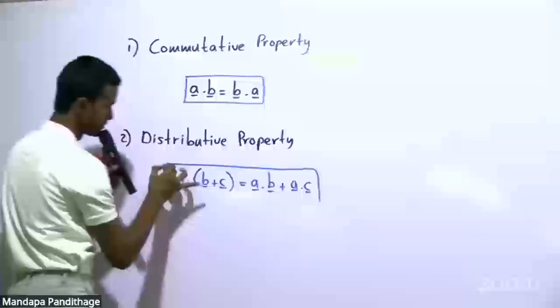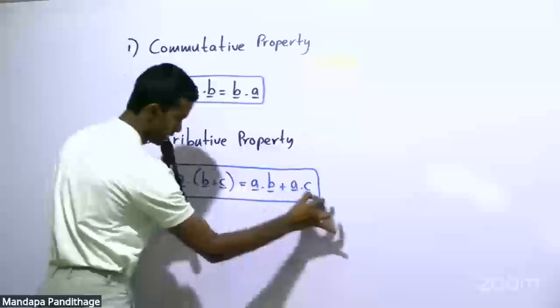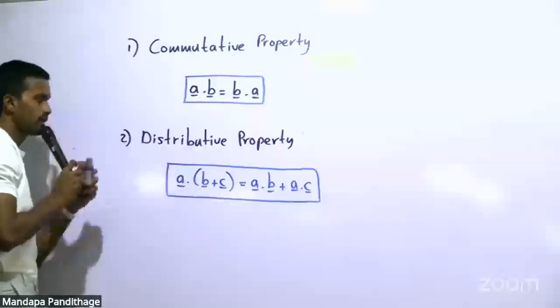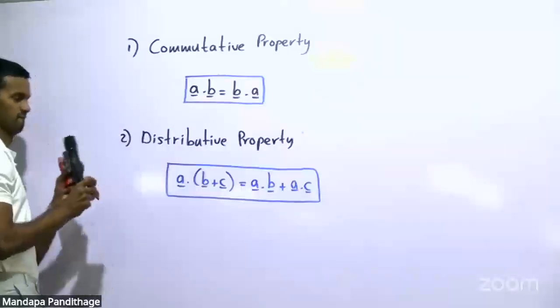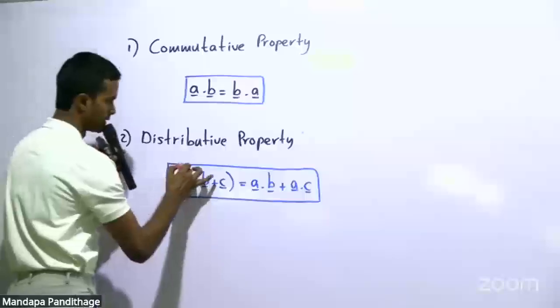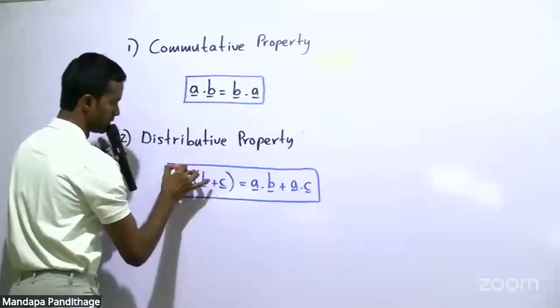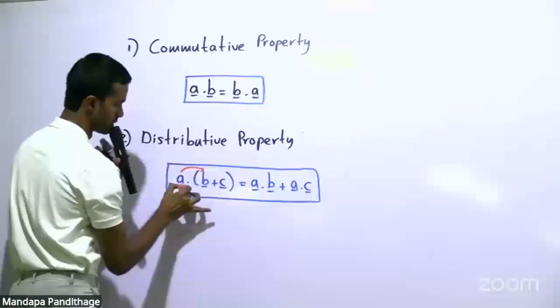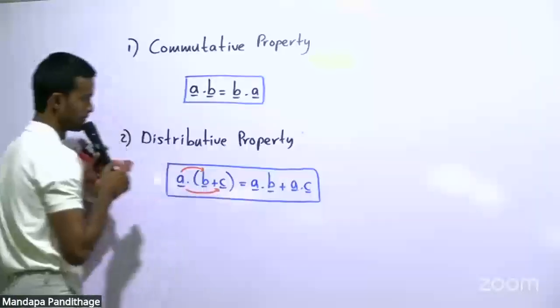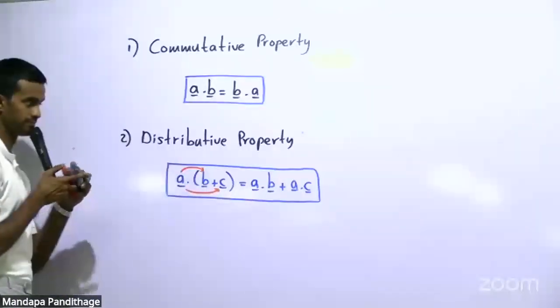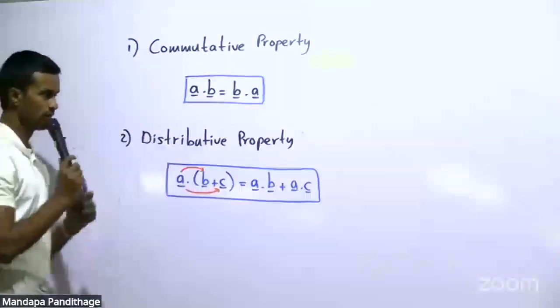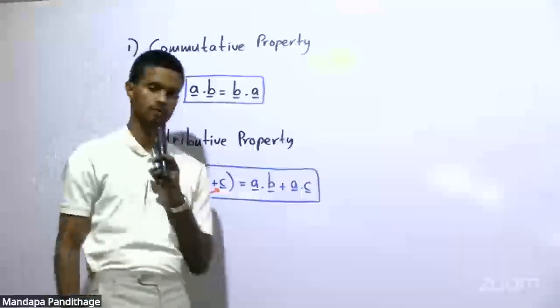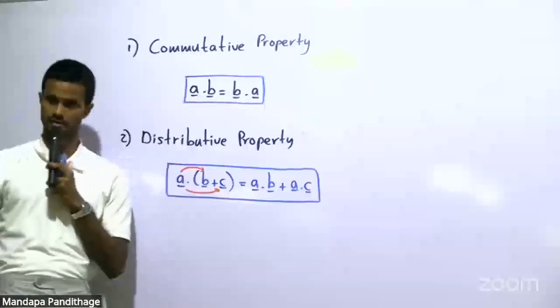Write the second one, small things. Second one, the vector dot product is distributive.